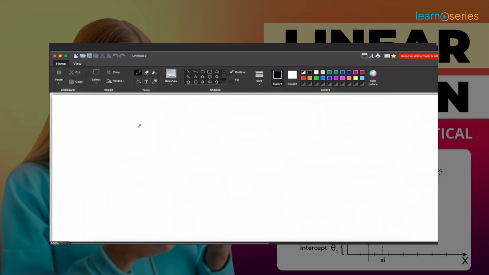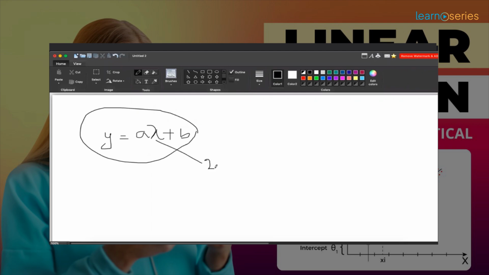So linear regression is something like this: there are variables, the x variables. For simplicity, I am assuming it's ax plus b. Y equals ax plus b. This is called the basic linear function. What does it mean? It says if x increases by 2, your y will increase by 2.